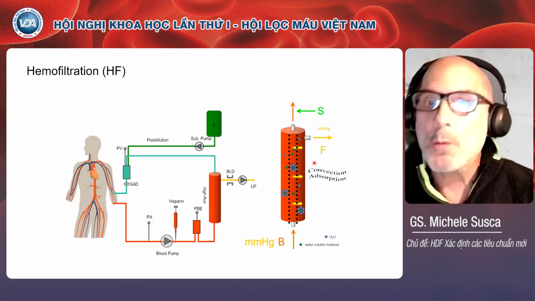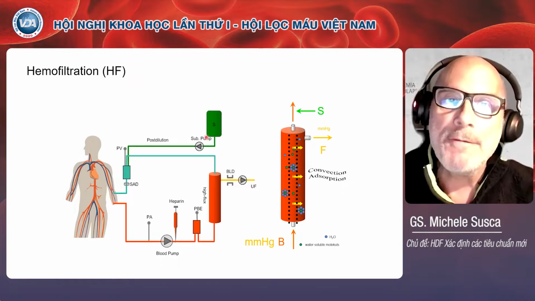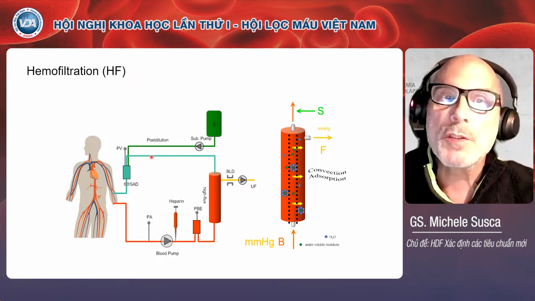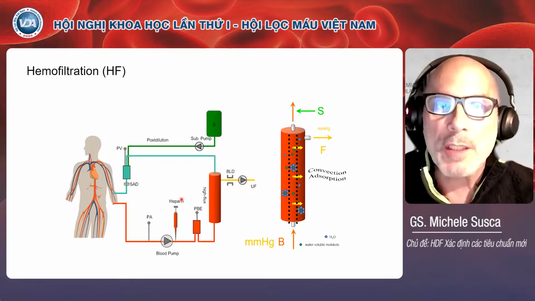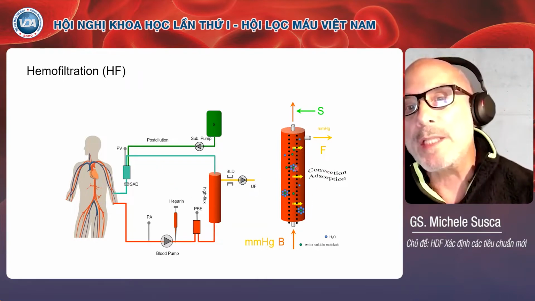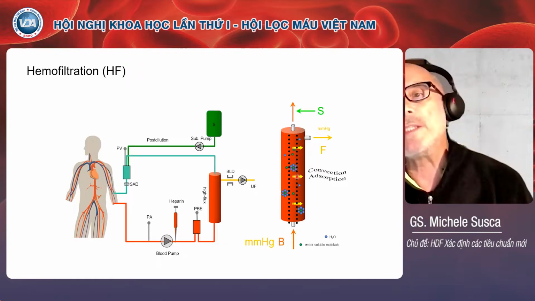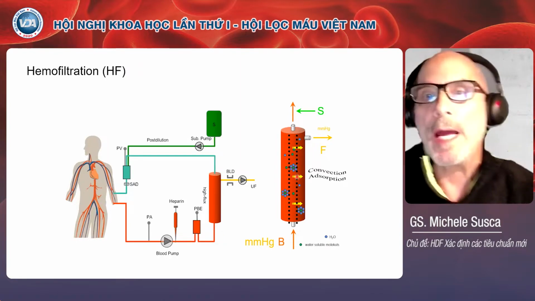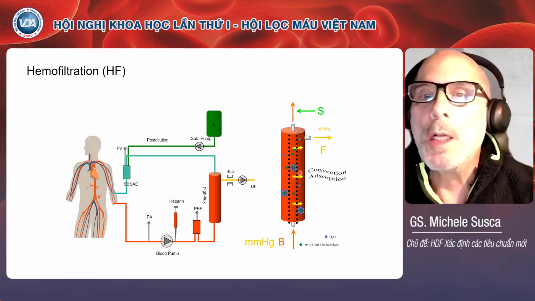This is the reason why in this treatment we infuse a substitution solution into the patient in order to remove it again. In this way, we increase the UF volume, and so we increase the convective clearance.